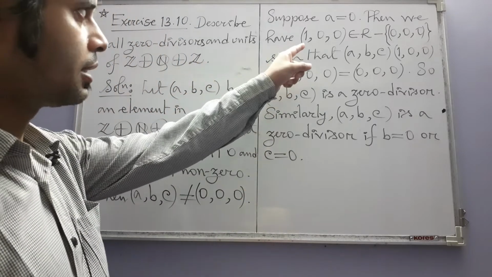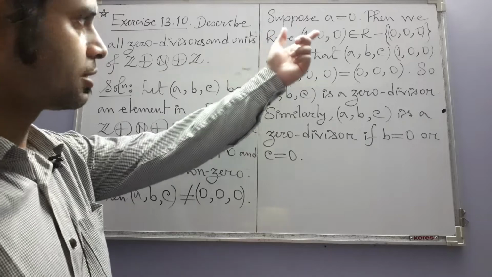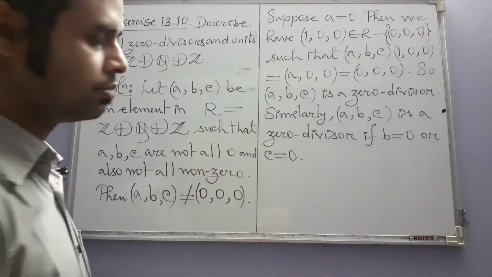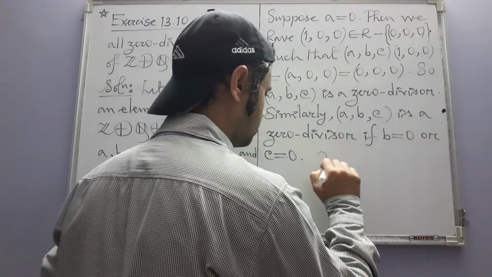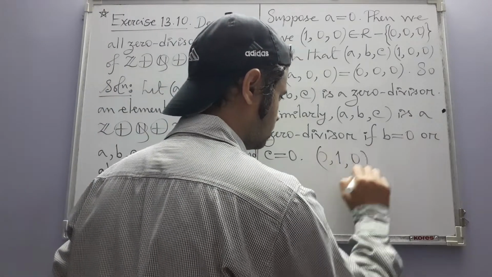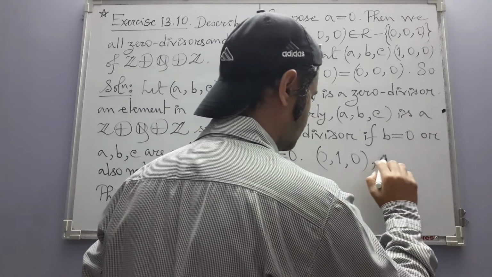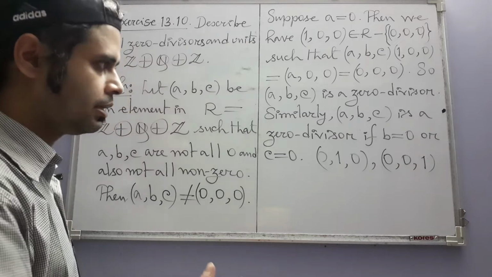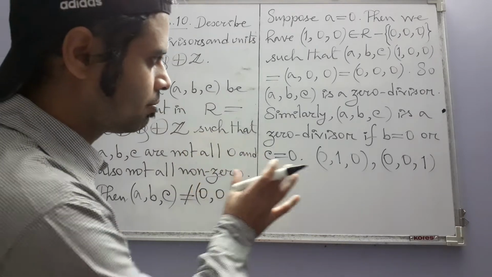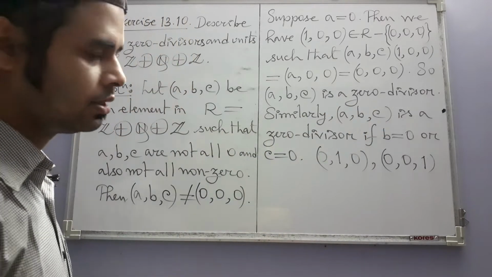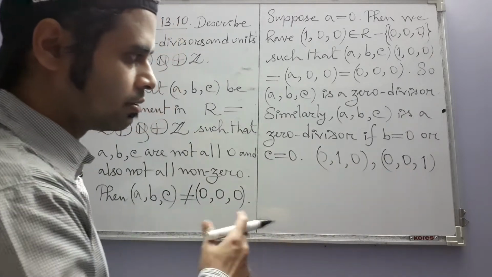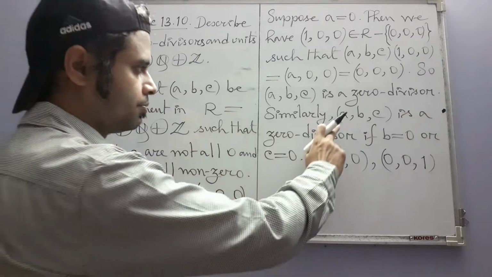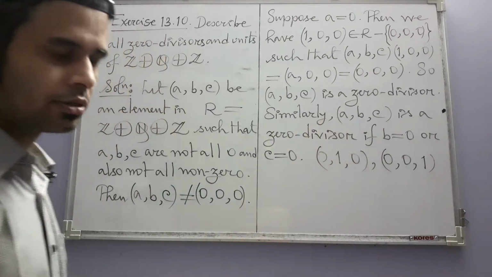The other element that we take for the case when a is 0, in these two cases you can take these two elements respectively: (0, 1, 0) when b is 0 and (0, 0, 1) when c is 0. You will see that in these cases if you multiply the respective triple (a, b, c) and these respective elements, you get 0. So in those cases also this triple is a zero divisor.